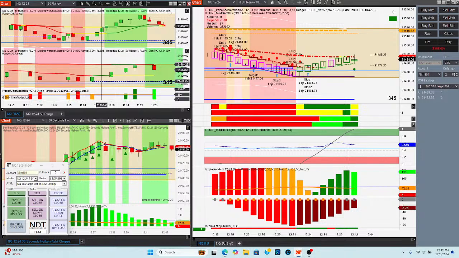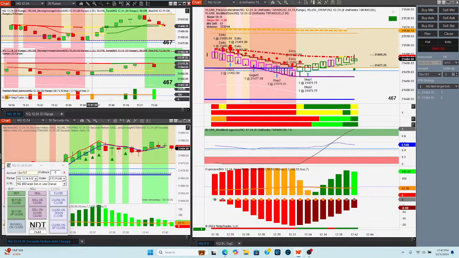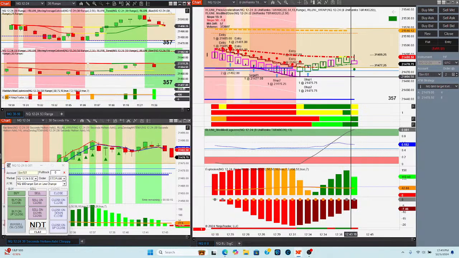When you do it this way, we still have this bottom we got to get through.